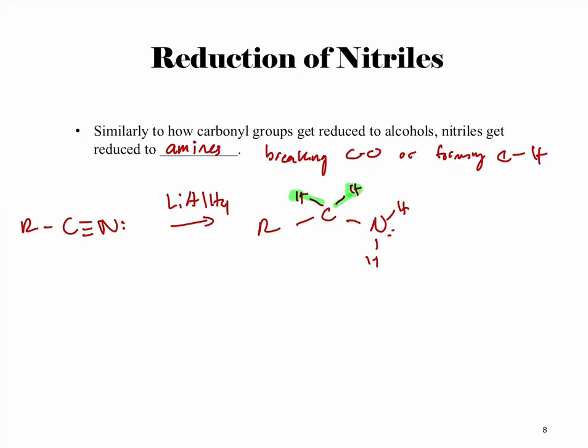What happens in these cases is we get the reduction after adding lithium aluminum hydride. There may be one step of reduction here, and we have a negatively charged imine anion, right?